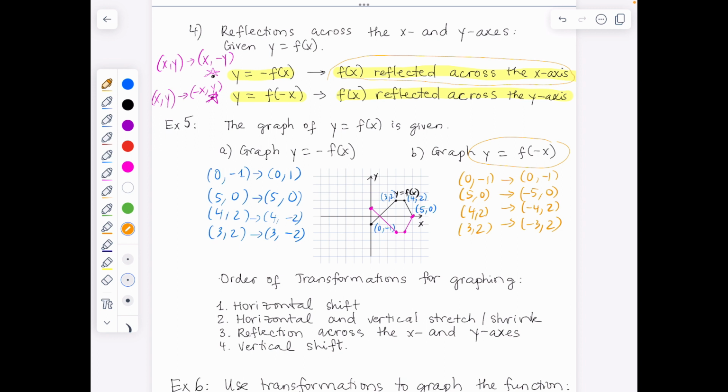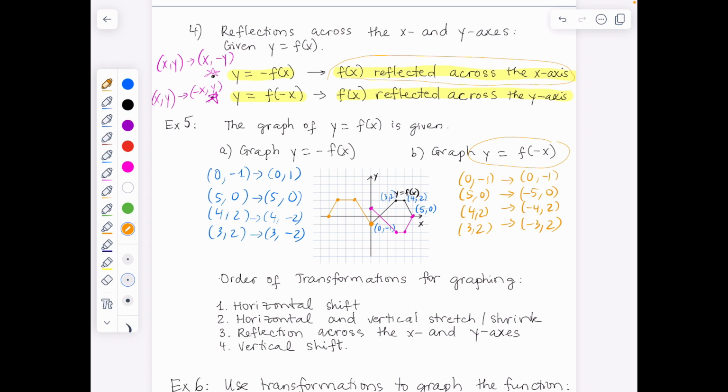Plot these points. So (0, negative 1), (negative 5, 0), (negative 4, 2), and (negative 3, 2). Connect these dots, we have this graph.